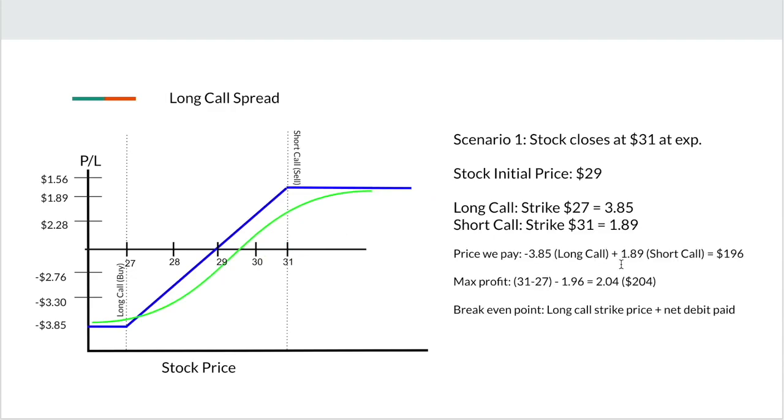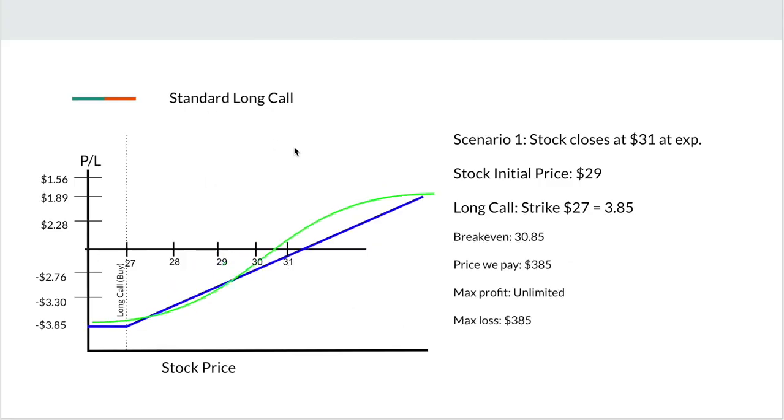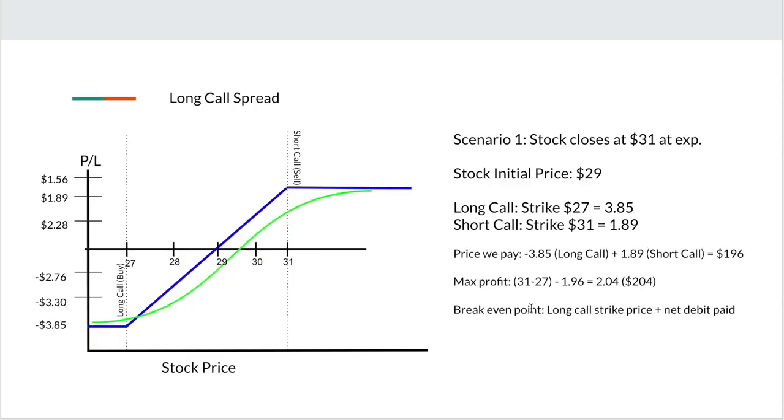but it doesn't stop there. So in this example, your break-even point is going to be less than the standard long call break-even point. Remember, we had said that the stock needs to make it all the way to $30.85 in this example. Here, you only need the stock to go up to your long call strike price, which is going to be 27, plus the net debit paid, which was 1.96.